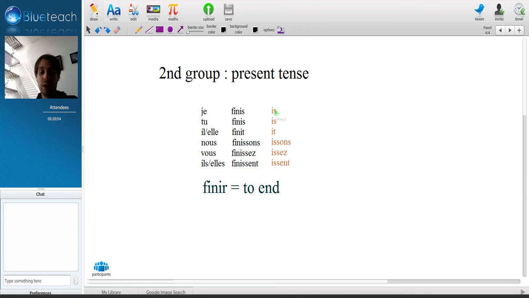The first three are pronounced the same, and the S and the T are not pronounced at all, so it's always just E. And then it's ISSONS, ISSEZ, ISSENT.